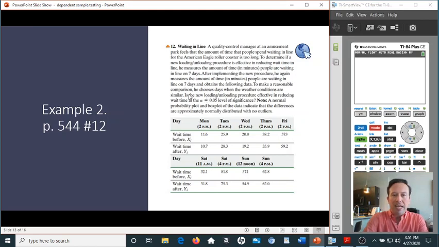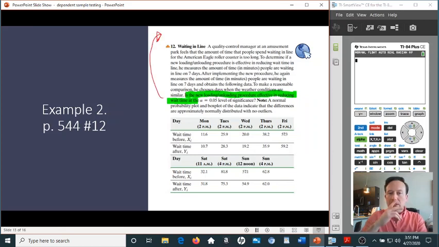So we're going to be looking at the question here. Is the new loading and unloading procedure effective in reducing wait time at the alpha equals 0.05 level of significance? Okay, so now what does that mean? It simply means that we're just trying to determine if the before wait times are more than the after wait times.